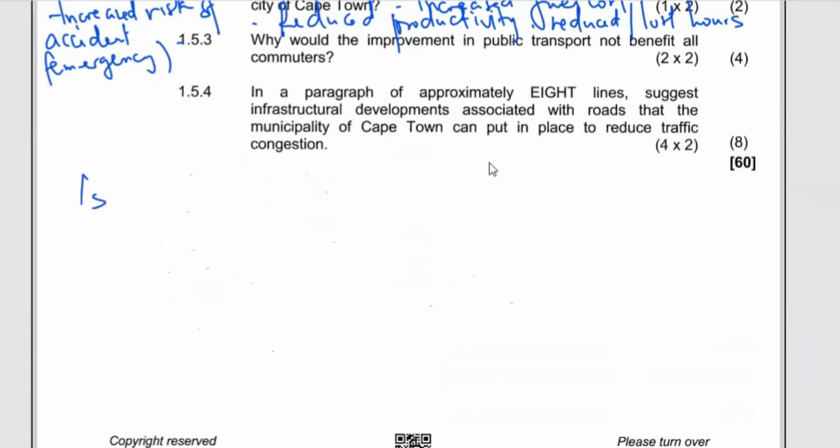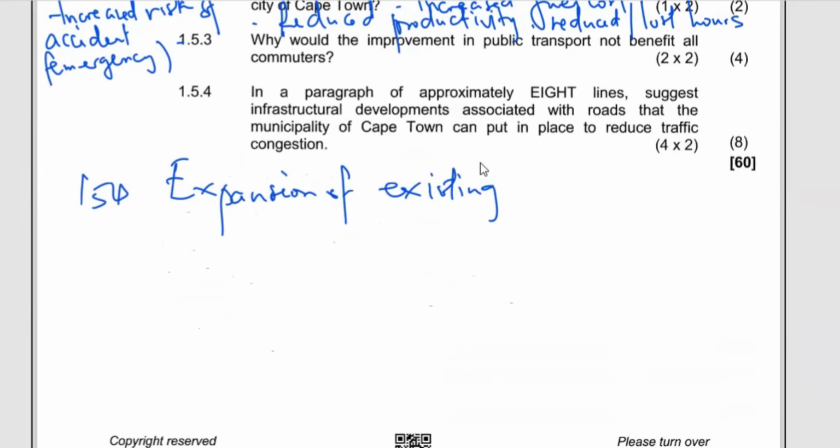Right, number one, we can talk of expansion of the existing road network. We can expand the existing road network. There are some road networks that need to be furthered to reach other places. And also, we need to ensure that there is access to the road network.